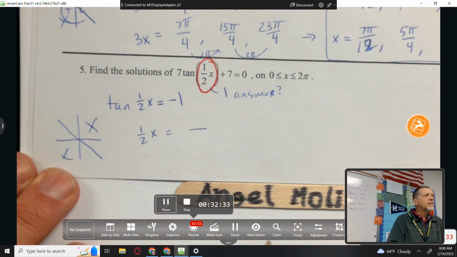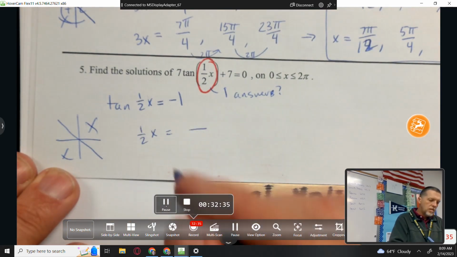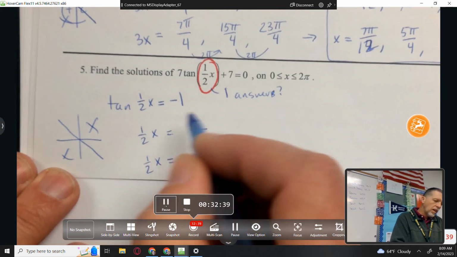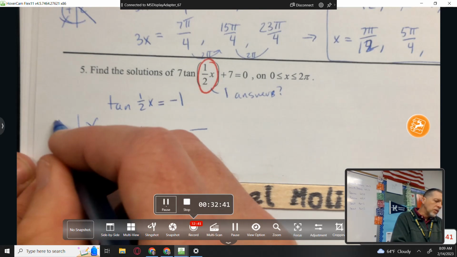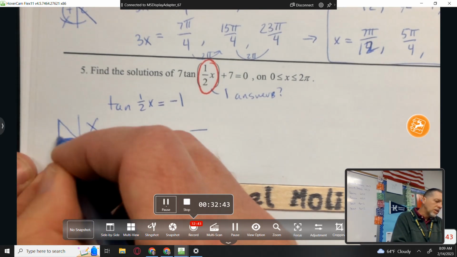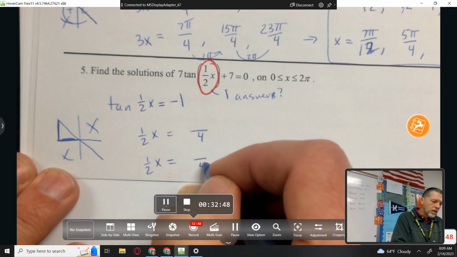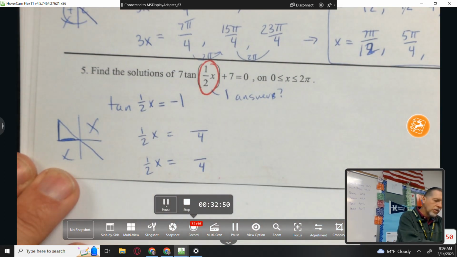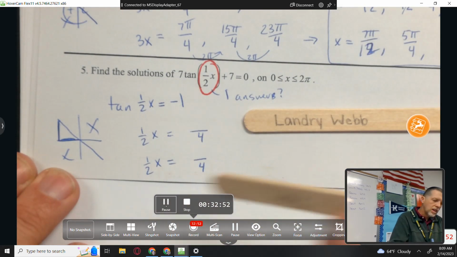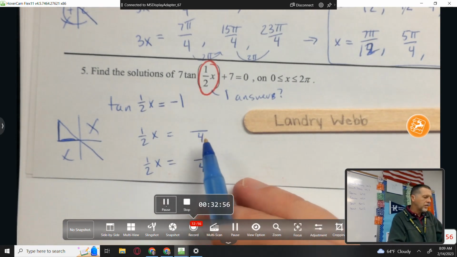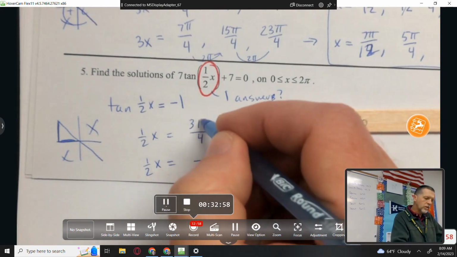Either way. Tangent is 1 in the middle where the sides are equal. So over 4. We're going to get through everybody today. So Landry, what's over 4 in the second quadrant? 3 pi over 4.